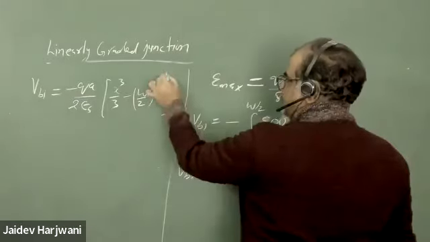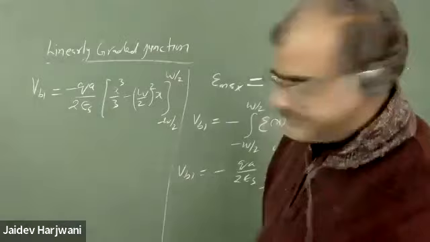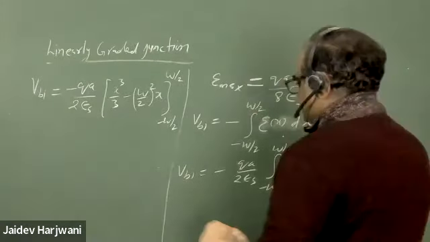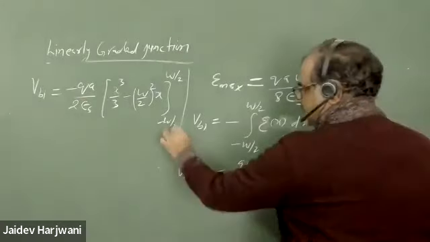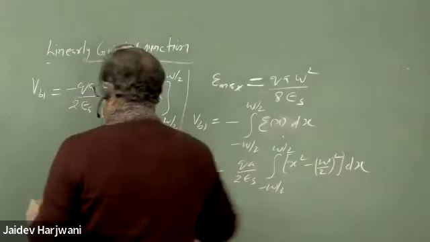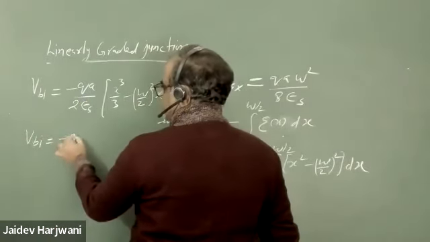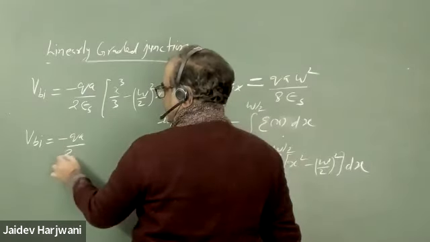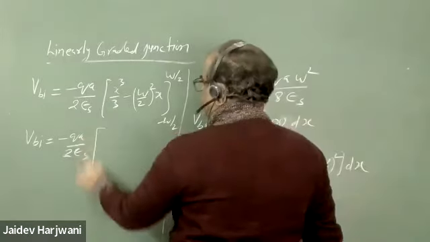The limit is W by 2 to minus W by 2. So now what will V_BI become? I can write V_BI equals minus q a upon 2 epsilon_s. Here you put the values.